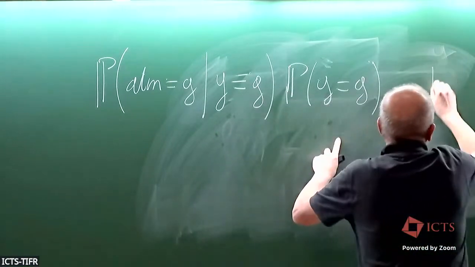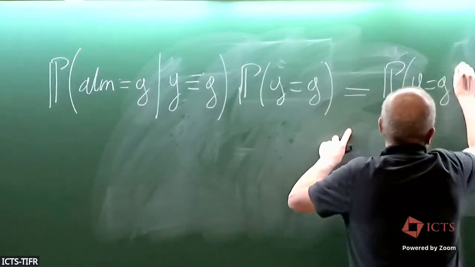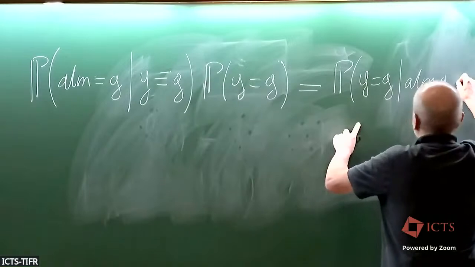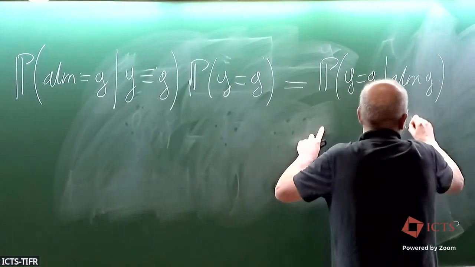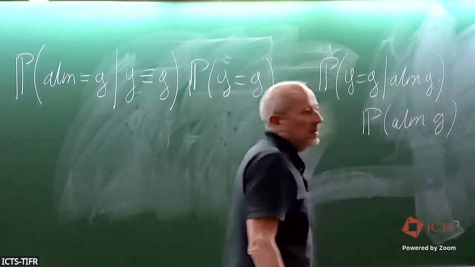It is the probability that Y is in G, knowing that the atom is in G, of course, times the probability that the atom is in G. Okay? You agree?